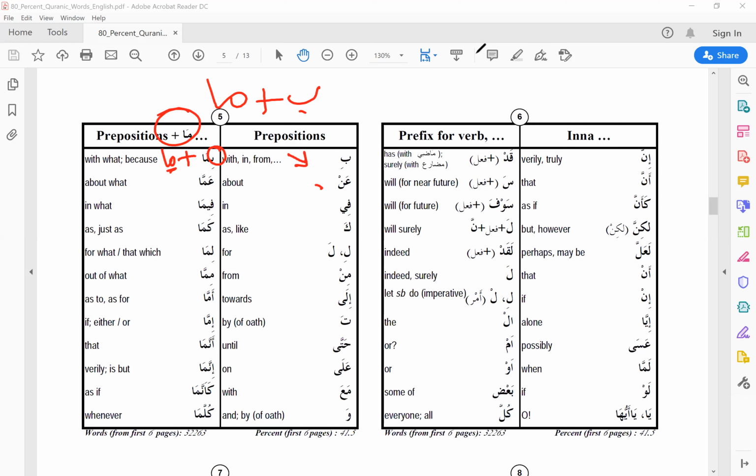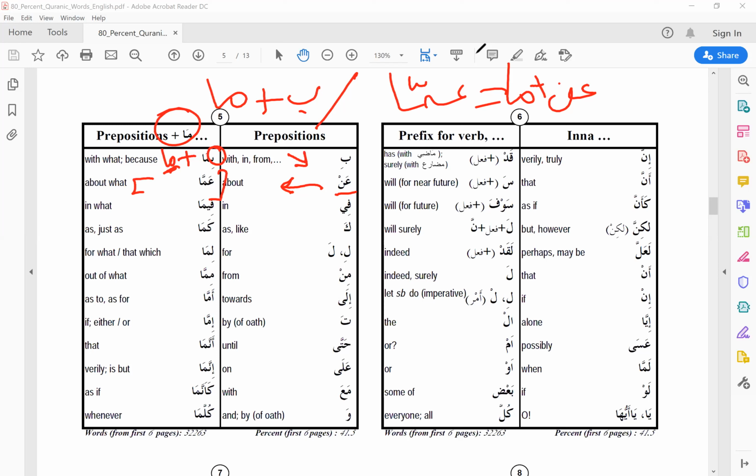If an means about, then amma is composed of two items, which is an plus ma. So now it becomes amma together and it means, remember, we said ma generally means what, so an means about. So now about what?